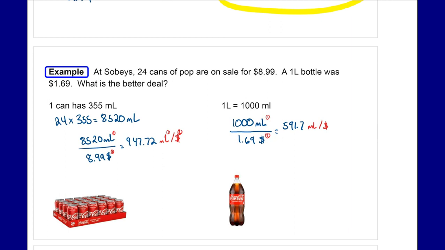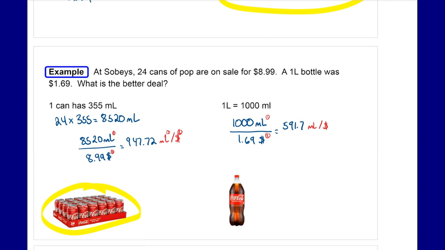Again, those numbers in circles are just showing us where the units are coming from. So looking at these two scenarios, which one is the better value? Well, by looking at this one, I would say, let me just circle it, the case of pop is a better value because we're getting more milliliters per dollar.